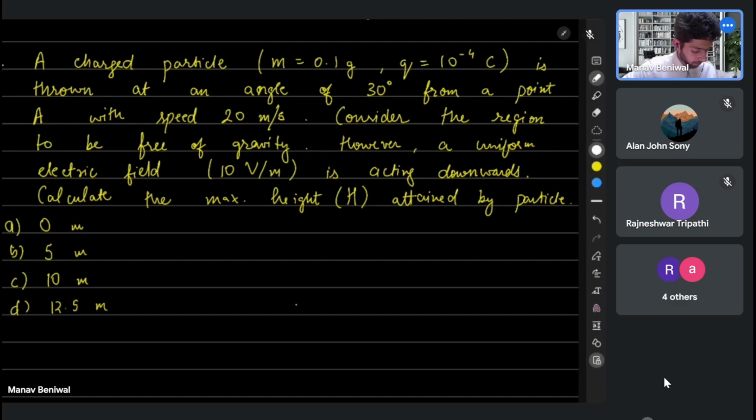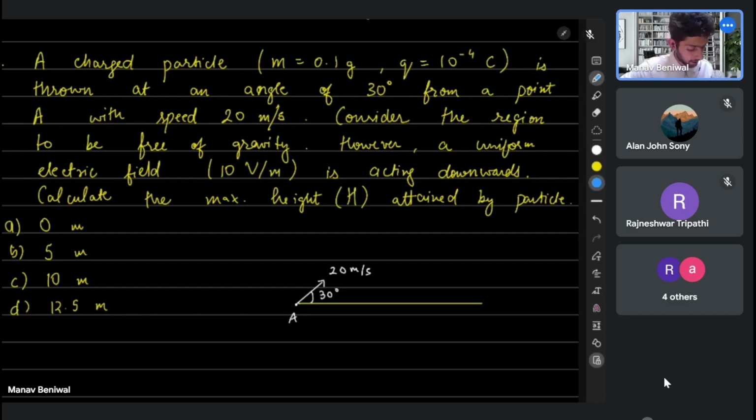This is our point A, and the particle is launched at an angle of 30 degrees with a speed of 20 meters per second. Correct?